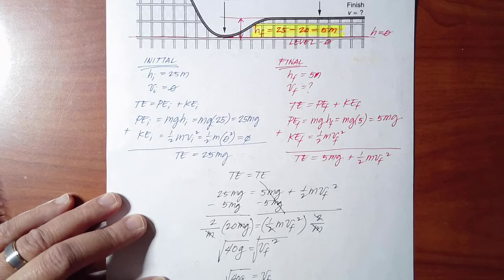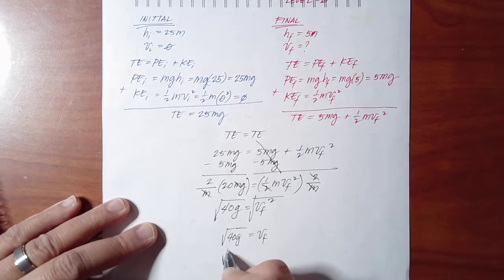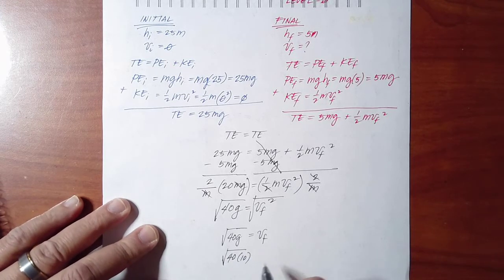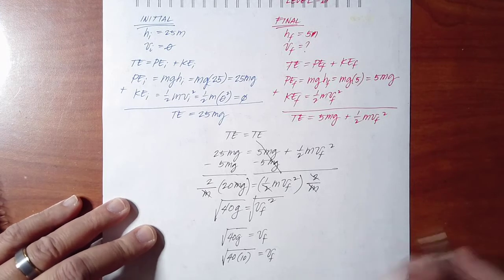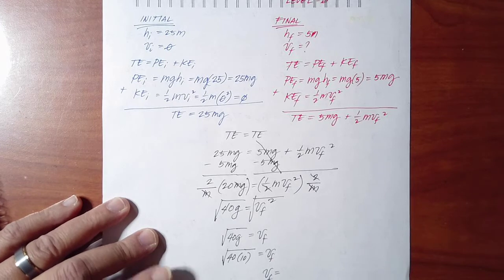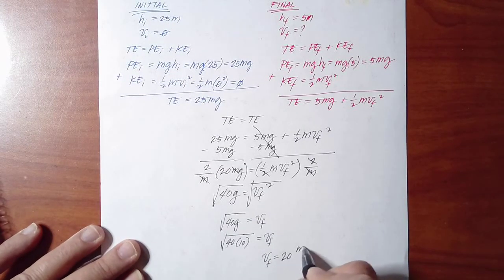But the value of g is 10. So therefore, we can say square root of 40 times 10 is equivalent to v sub f. So square root of 400, we all know that the square root of 400 is 20. So that is 20 meters per second.